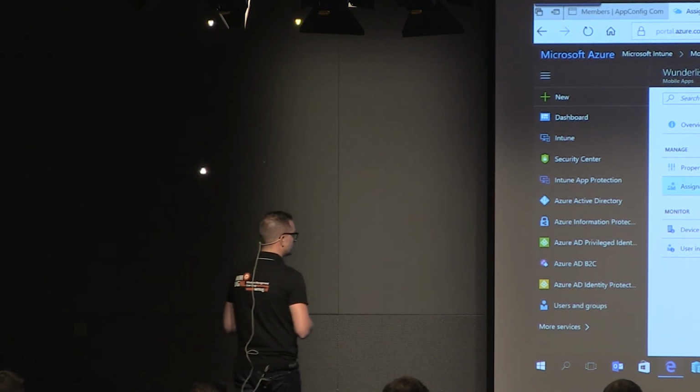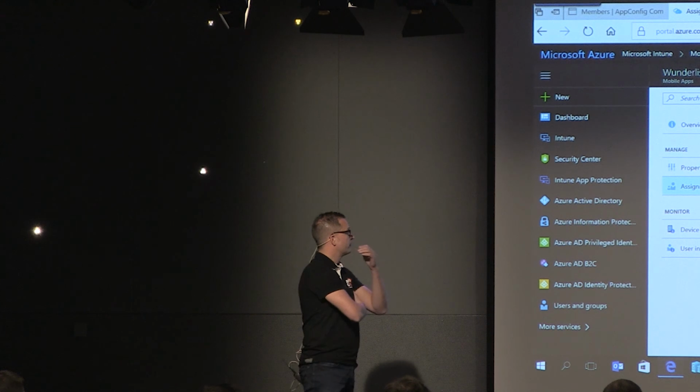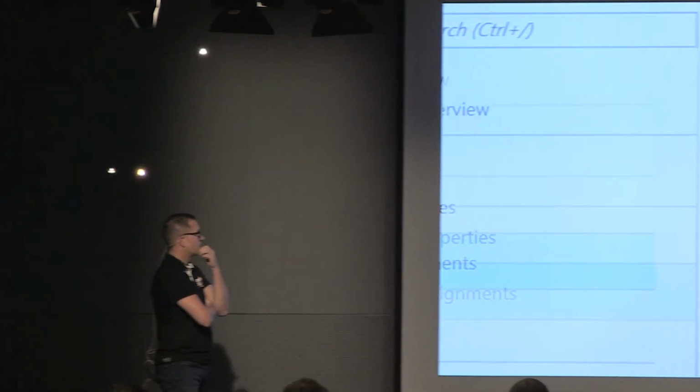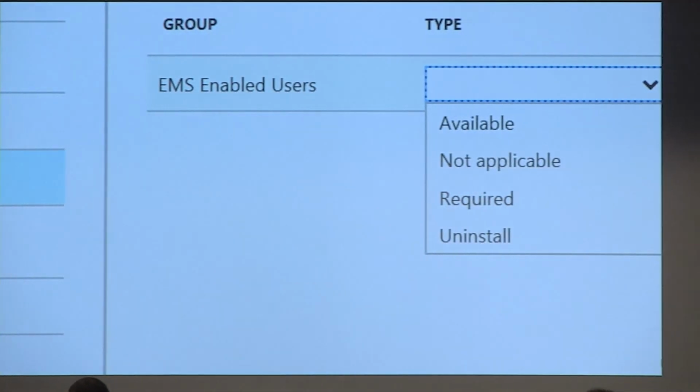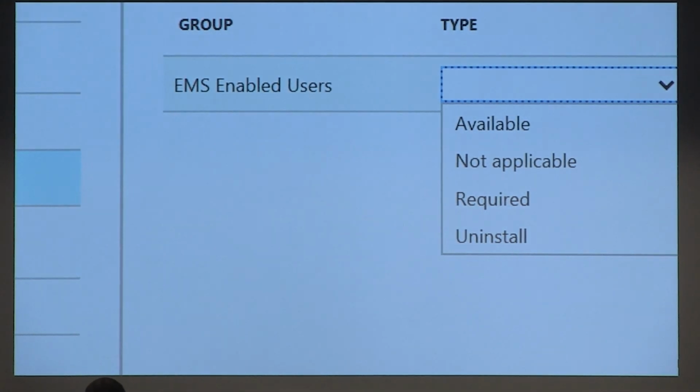I've chosen the EMS-enabled users, and then I'm able to assign it as available, which means it's available in the company portal. As required, the application is pushed automatically, and you can install it. If it's not applicable, then I don't see the meaning for that one.